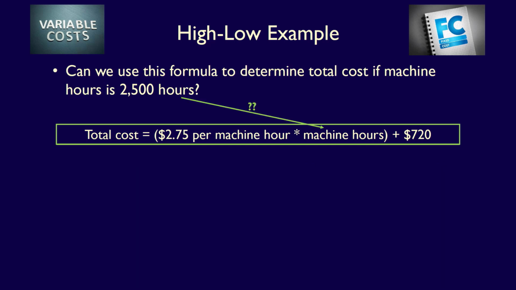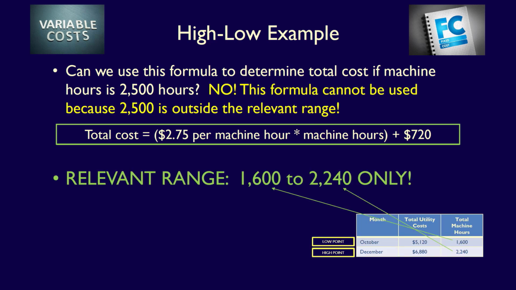Can we use this formula if we want to predict total utility costs when machine hours are 2,500? And the answer is absolutely not. Why not? Because of the concept of the relevant range. Our high was 2,240 machine hours and our low 1,600 machine hours.